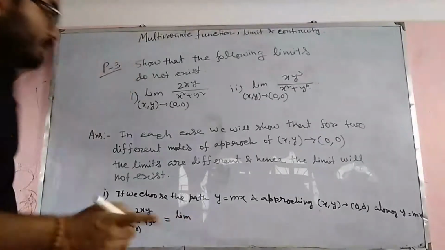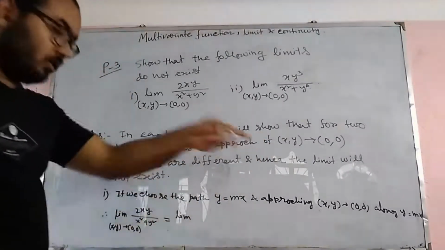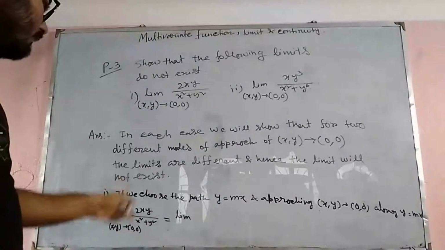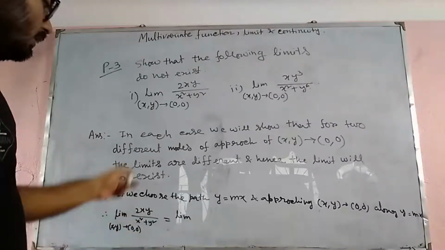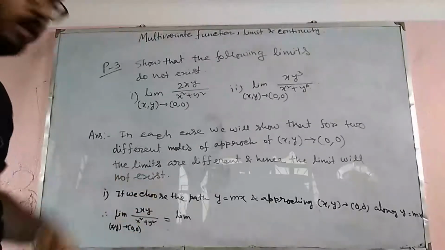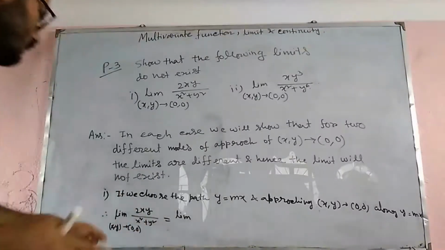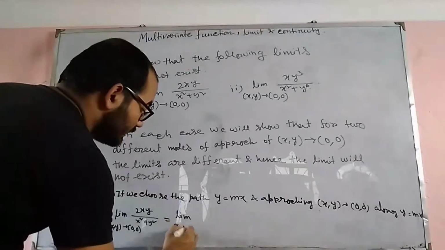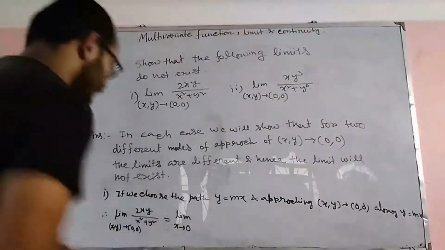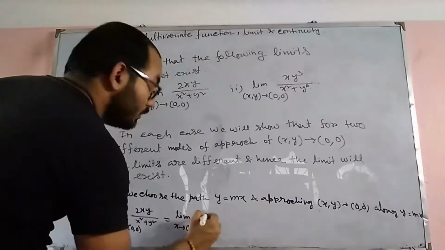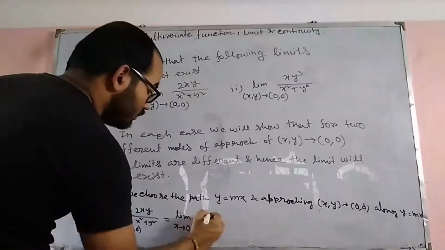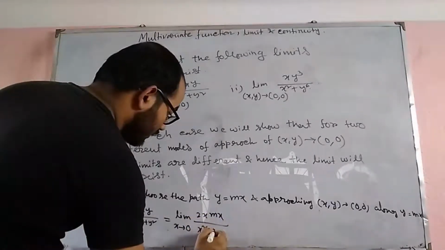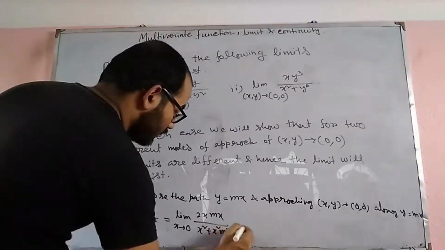So limit. Now see that if we put y equal to mx in this function, then the function will be a one variable function, okay. And we will write the limit as x tends to 0, with y equal to mx, and here x square plus x square m square.